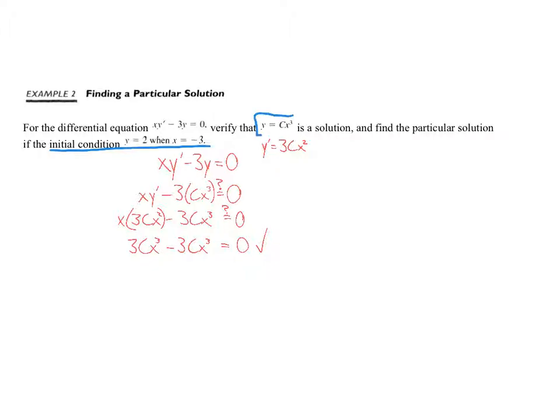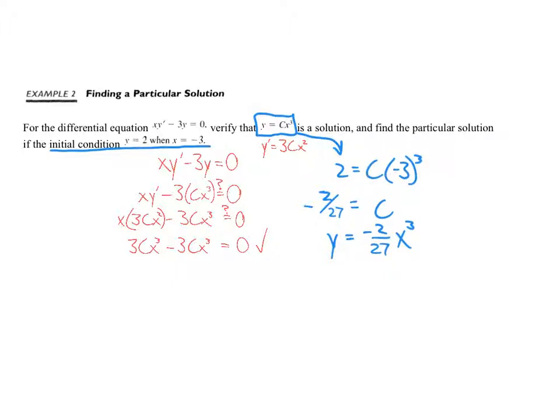This is the general solution. We want it to hit the point (-3, 2). So I'm going to be plugging in the 2 for y and c times -3 cubed. That's -27, so c is -2/27. And that means the particular solution is y equals -2/27 times x cubed.